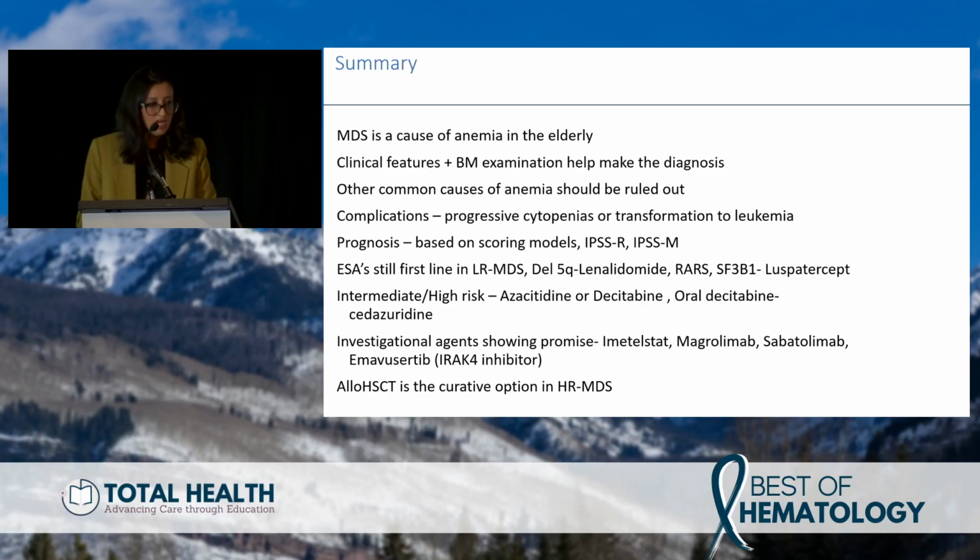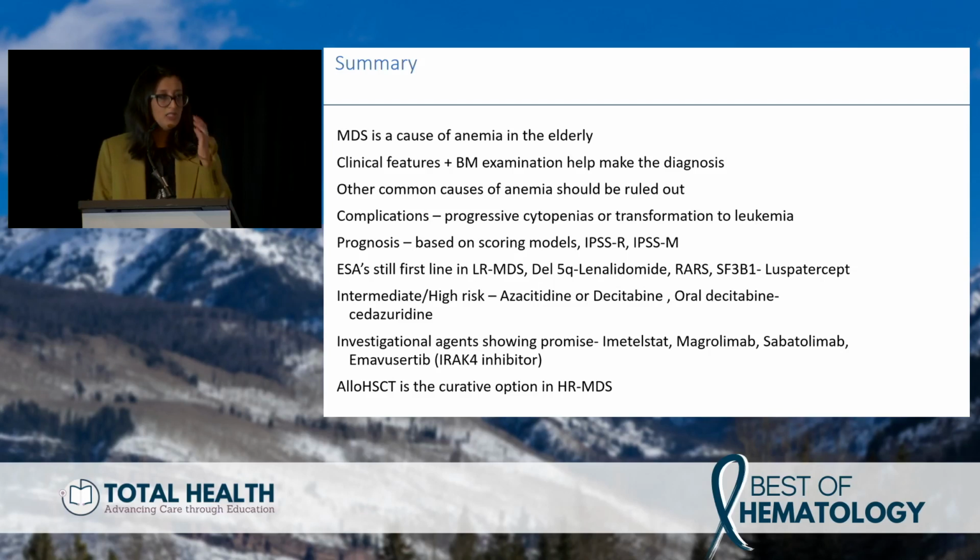So just to summarize very quickly, MDS is an important cause of anemia in the elderly once you have ruled out other causes of anemia. And the clinical features and the morphologic exam by bone marrow help us make the diagnosis. And of course, we rule out common other causes of anemia before we give somebody a cancer diagnosis.